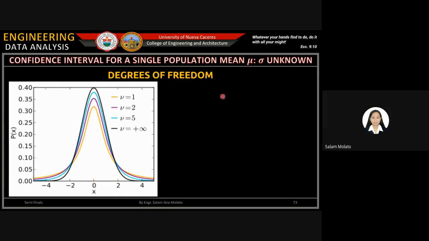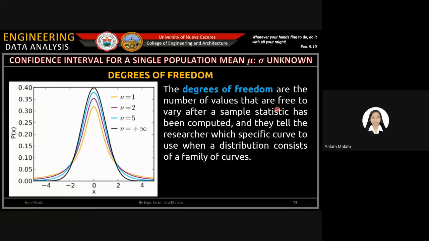Okay, so if the standard deviation of the population is unknown, we are using the degrees of freedom. Okay, so what is the degrees of freedom? The degrees of freedom are the number of values that are free to vary after a sample statistic has been computed, and they tell the researcher which specific curve to use when a distribution consists of a family of curves.